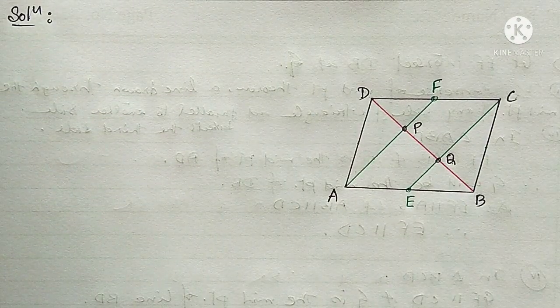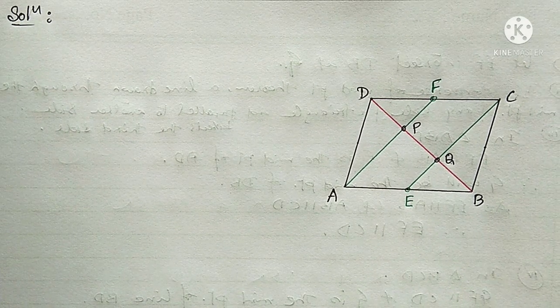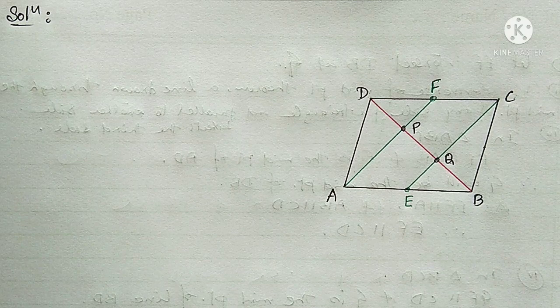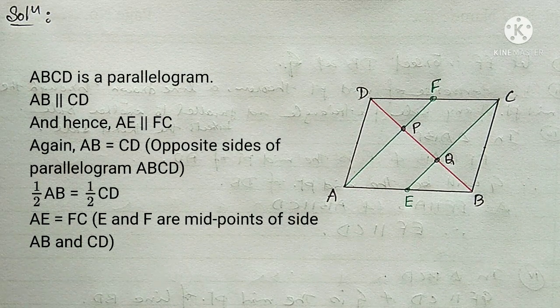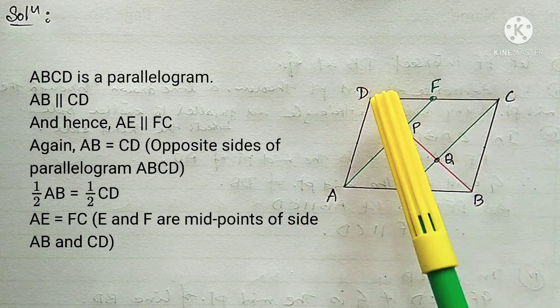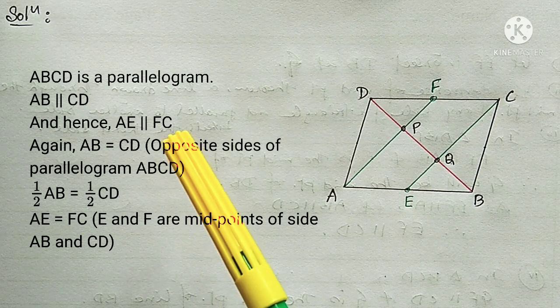Now in this case, if you see the diagram, first of all given here A, B, C, D. This one is a parallelogram. So if ABCD is a parallelogram, one thing we know, opposite sides are equal and parallel.